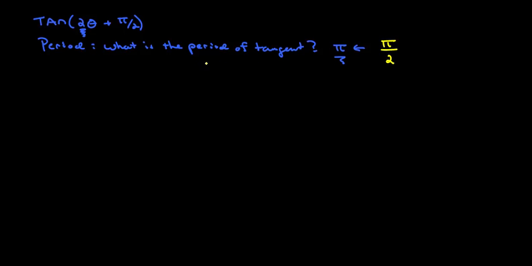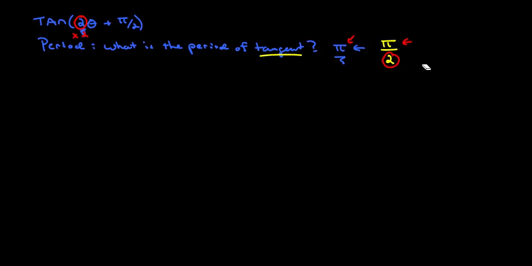So the original pi comes from the period of the original tangent function. So that's this guy up top. The 2 down here comes from this guy right here. So since we were multiplying by 2 here, we divide by 2 on this guy right here.